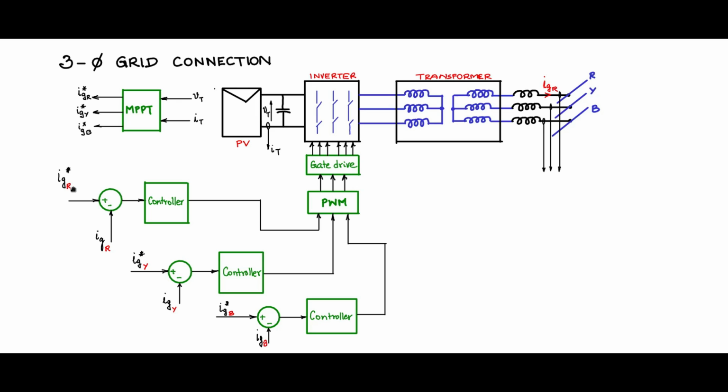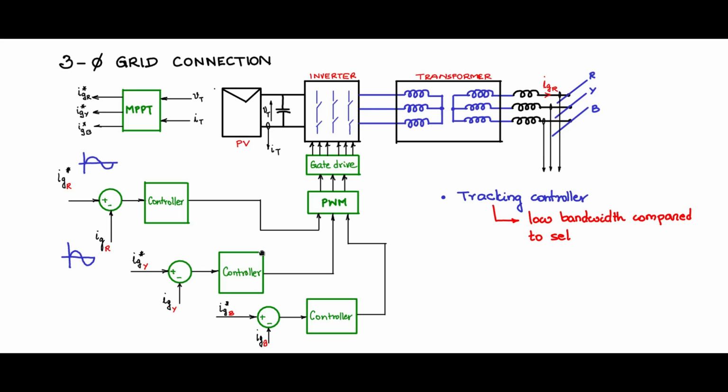The reference current IG star and the feedback signal current, they are all sinusoids, AC signals in general, and therefore the tracking controller will have to handle large signal deviations. As a consequence, the bandwidth of the tracking controllers will be lower compared to a similar set point controller if IG star, the reference and the feedback signals had been DC.